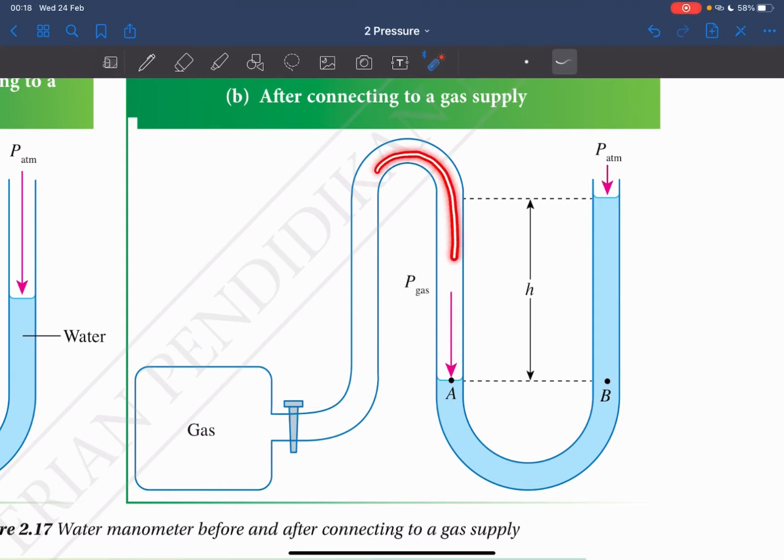When the gas pushed the water, that means the gas is stronger. It doesn't mean that the gas is denser, but the pressure of the gas is higher than the pressure of the atmosphere.